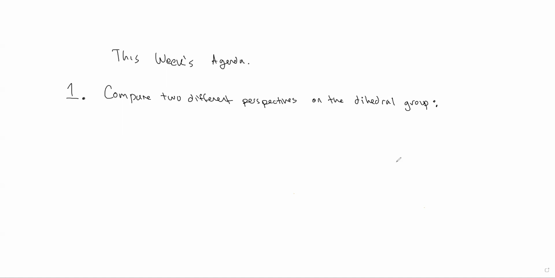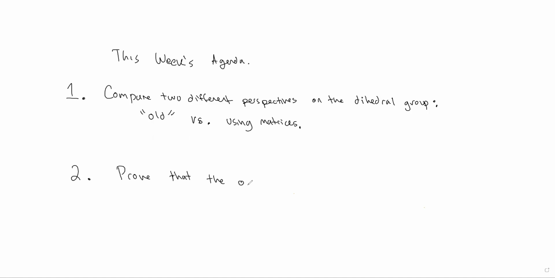Namely, one is what they'll call the old perspective, and the other is using matrices. So that should have been what you've learned. I mean, that is what you've learned this week, according to your professor, about orthogonal matrices, like symmetries of the plane.